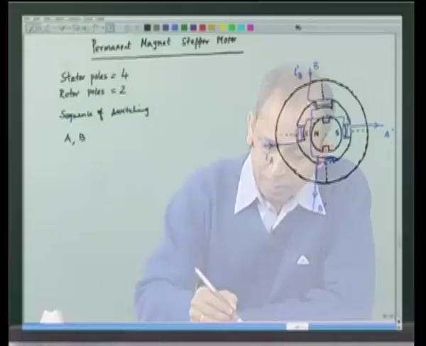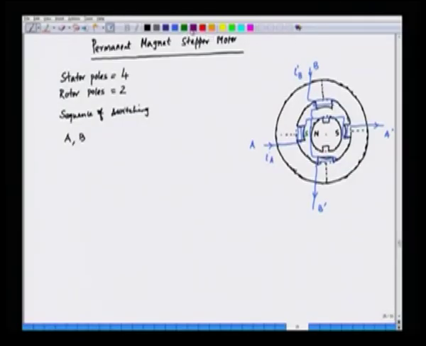So, the rotor will be rotating in the clockwise direction. This will be the motion of the rotor.